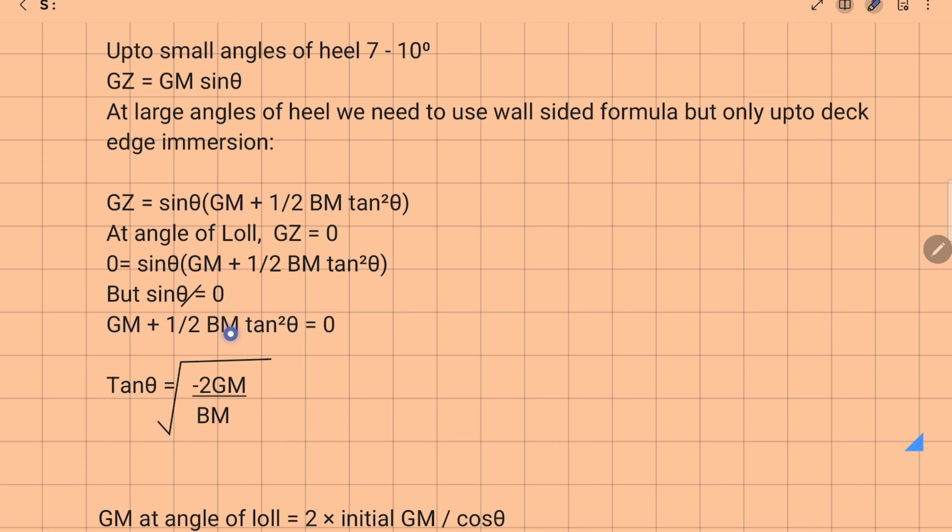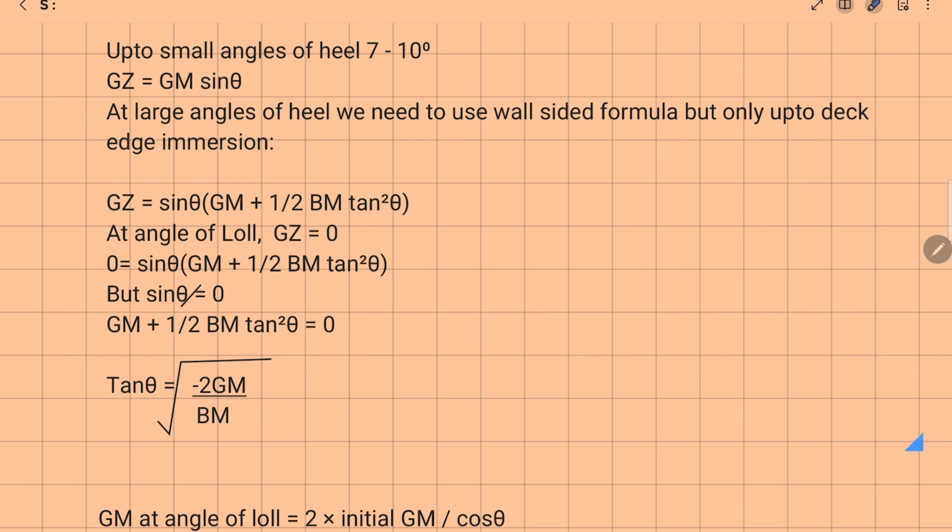So that means GM plus half BM tan square theta is 0, and this gives me tan theta equals the square root of minus 2 GM upon BM. This GM is the initial negative GM when the vessel was upright, and BM is also for when the ship was upright. This will give the angle of Loll.